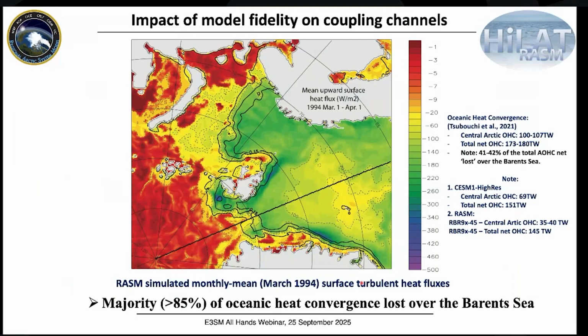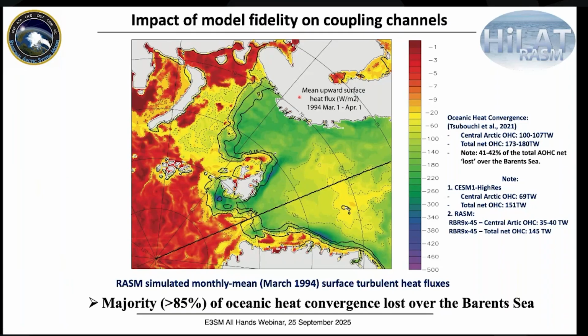So one important reason why this heat convergence to the Arctic is important is that it basically couples to the atmosphere. The heat is released in the Nordic Seas and the Labrador Sea to the atmosphere via turbulent heat fluxes, as shown here as an example from the RASM simulation for March 1994.